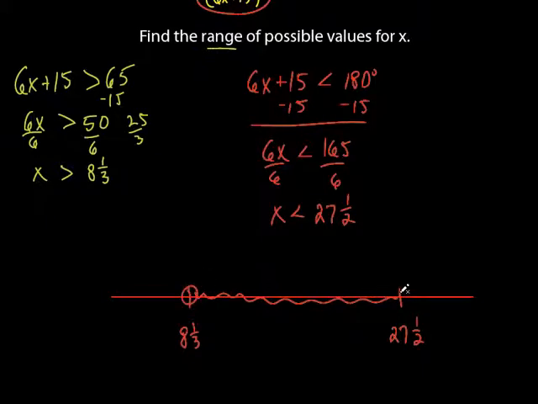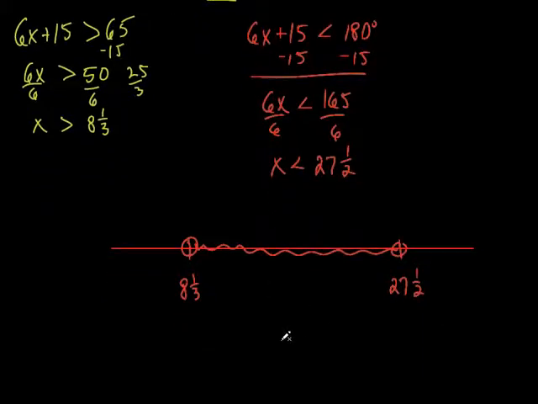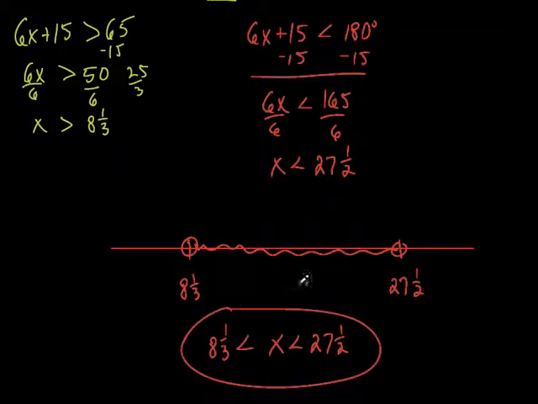It can't be equal, it's got to be less than. So how do I write that inequality? Well, this is how I write it. We did an inequality earlier. Watch, this is how I show x is between. x has to be less than 27 and a half, and x has to be greater than 8 and a third. And that is my range of values that x has to be.